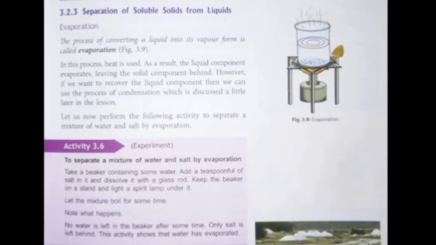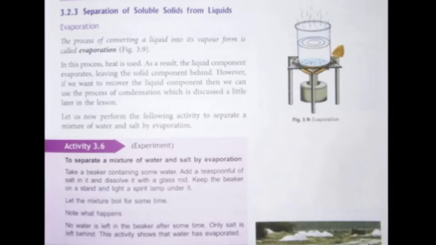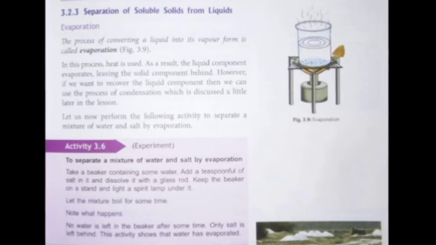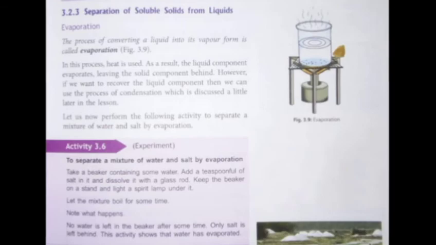As a result of heating, the liquid component evaporates, leaving the solid component behind. However, if we want to recover the liquid component, then what will we do? We will simply reverse the process. That is the process of condensation, where we get the evaporated water back.